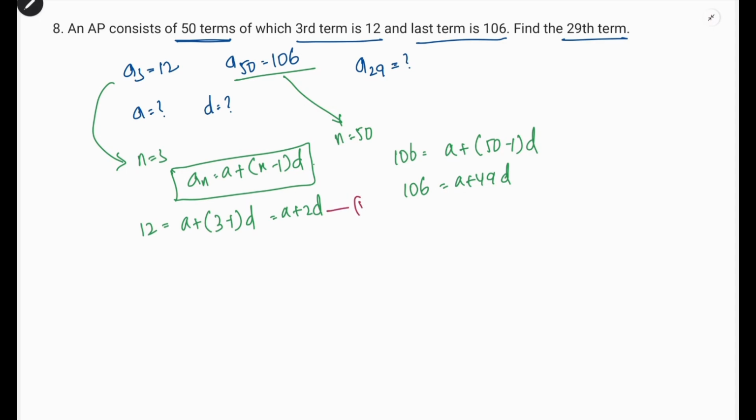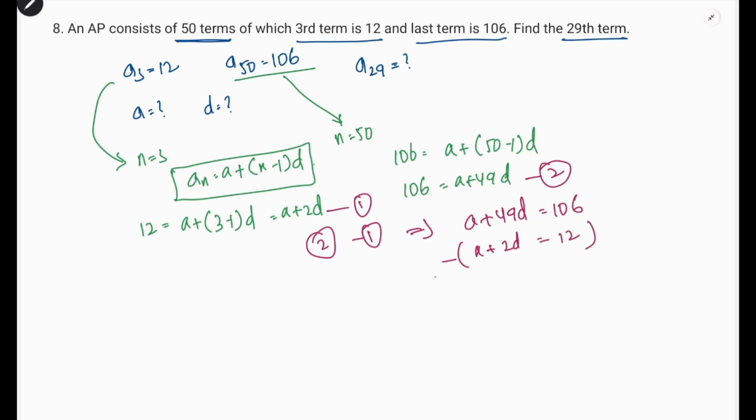Here we got two equations. We will subtract these two. Second equation minus first equation: a plus 49d is equal to 106 minus a plus 2d is equal to 12. Here a minus a is 0. 49 minus 2 is 47d is equal to 106 minus 12 is 94. So here d is equal to 94 divided by 47.